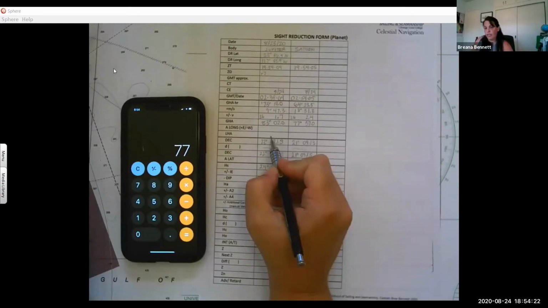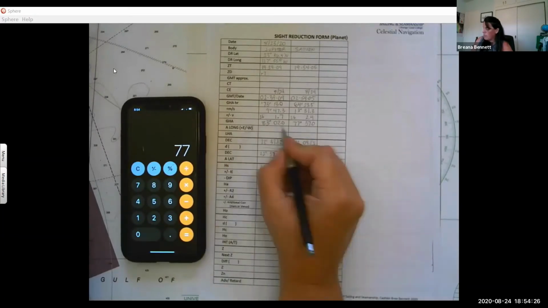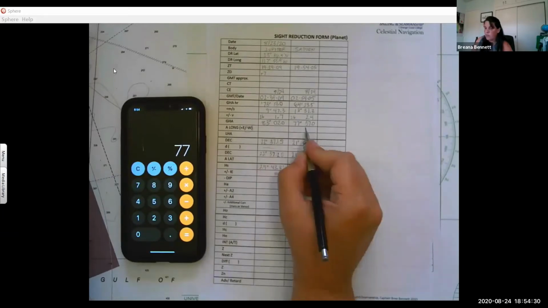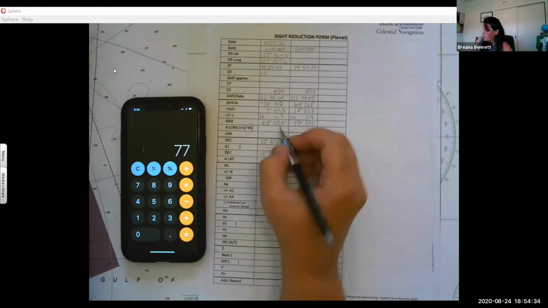Okay, so I have my GHA of each planet, and now my next step is to get my assumed longitude. I want my LHA to be a whole degree, so I'm going to be subtracting west, so my assumed longitude is going to end in whatever I have here. So I have 0, 2. So my assumed longitude is going to be 0, 2 minutes.